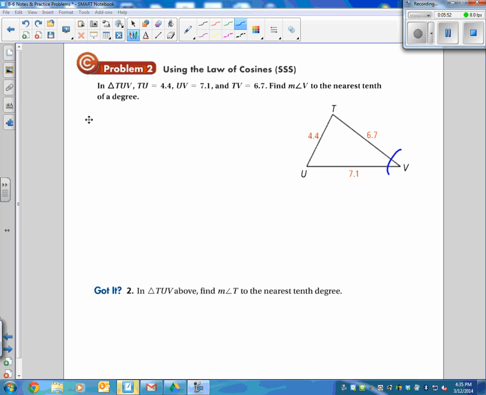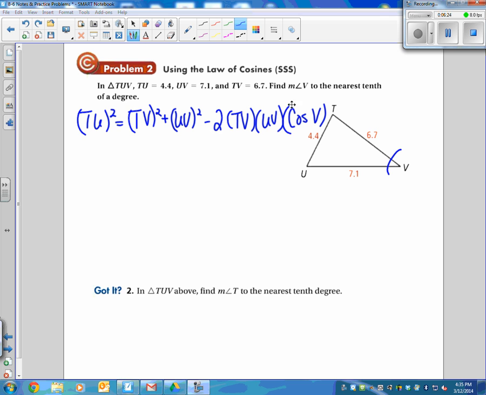So we're going to say TU squared, right, which is the side opposite the angle we're looking for, is going to be equal to TV squared plus UV squared minus 2 times TV times UV times the cosine of V.